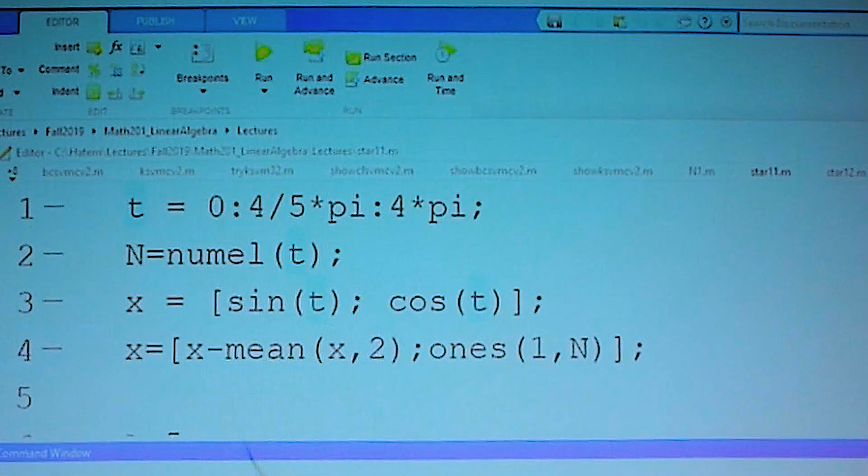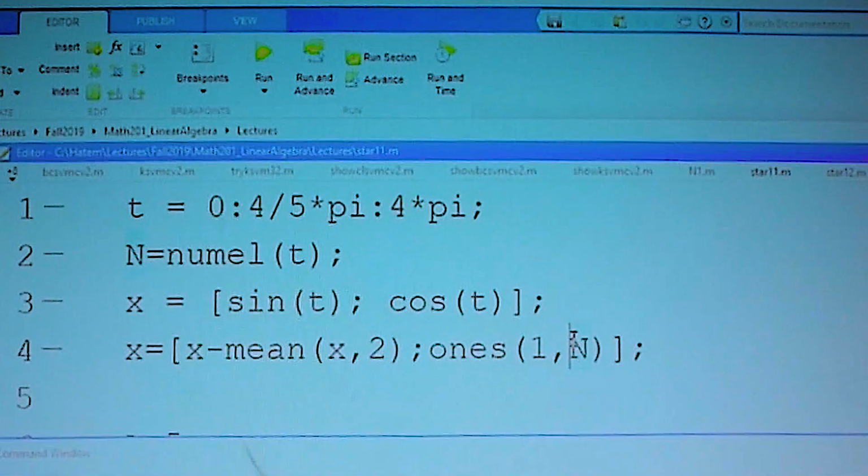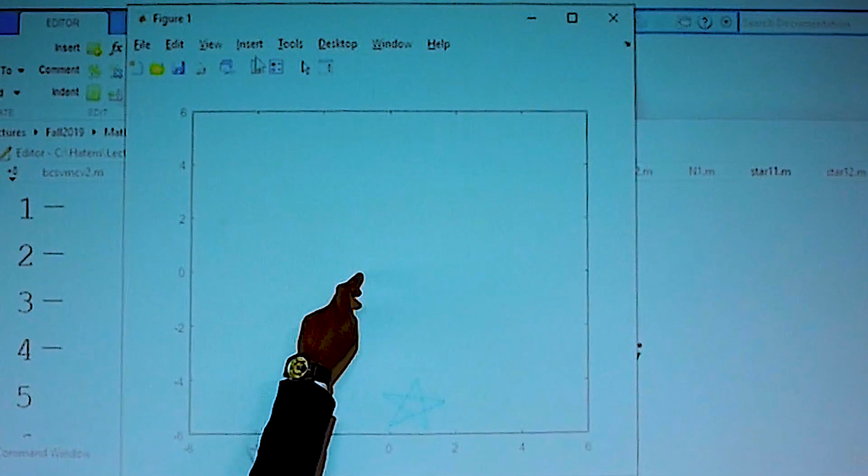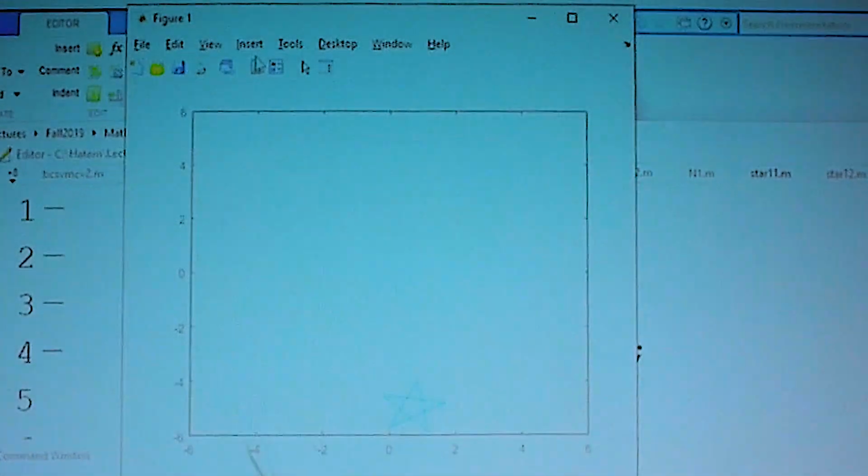Let's see some other effects. What happens to this star? Assume that this is the origin, so it is rotating about the origin.